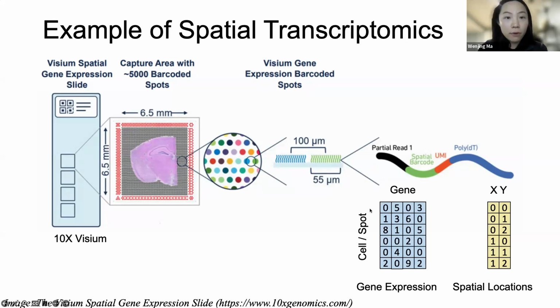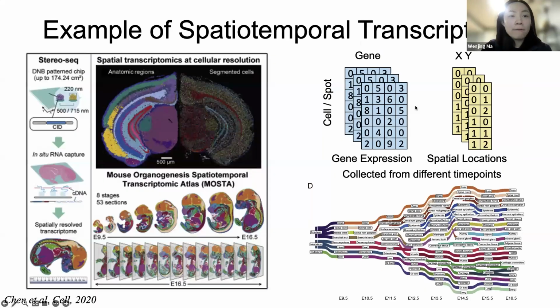So the rows represent each cell or spot, and the columns represent different genes. Within each cell or spot, we have spatial coordinates, which represent where the cell or spot is located.